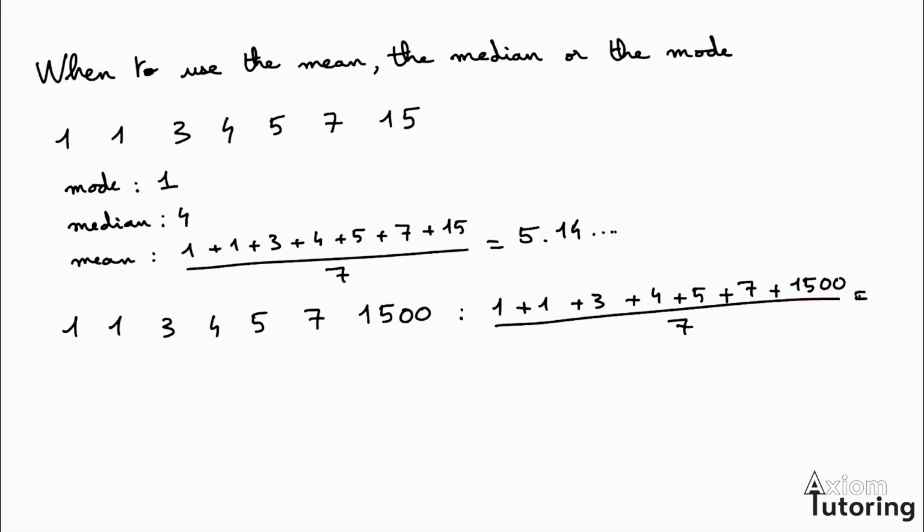In this case, I'll get something like 217, etc., which clearly is meaningless. So remember that when you have values that are wrong, and especially that are, for example, in this case, very, very large, the mean will not be particularly meaningful.